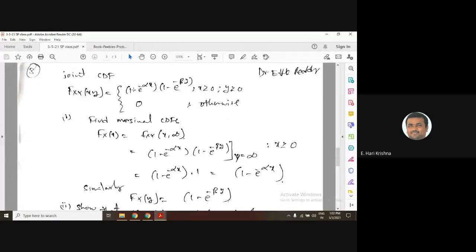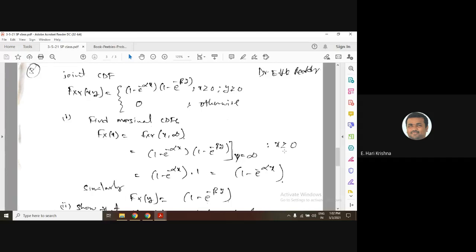Substituting y equal to infinity, e power minus infinity is 0, so 1 minus 0 is 1, and 1 multiplied by this function gives 1 minus e power minus alpha x, with x always greater than or equal to 0.